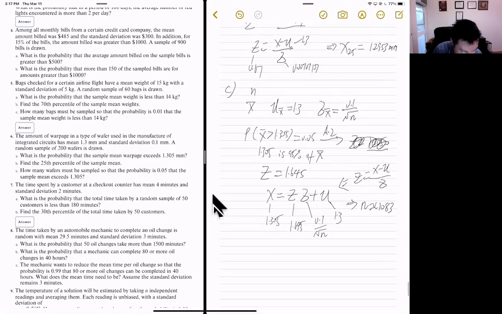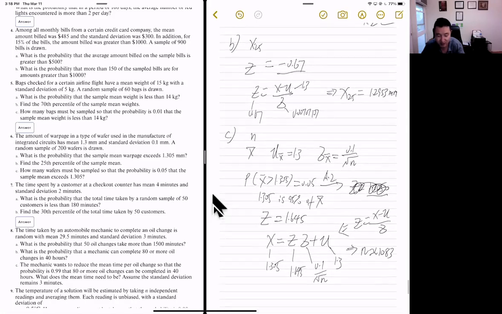So the answer is at least 1083 wafers must be sampled so that the probability is 0.05 that the sample mean exceeds 1.305. From here you can see we use the same equation. Depending on what the question asks, we can calculate backwards or forwards, and the idea will be the same.